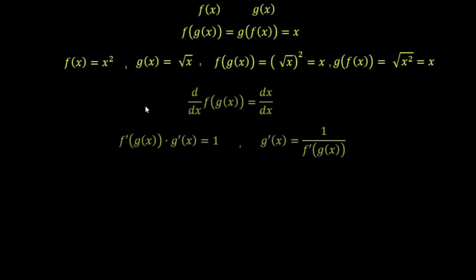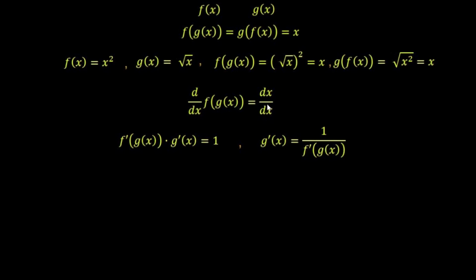Now we can use this in order to generate a nice little identity. So we can see that if we were to take, for example, the value f of g of x, so in effect we've got that f of g of x here is equal to x, and we were to differentiate both sides of this, then we would have d by dx f of g of x is equal to dx by dx.